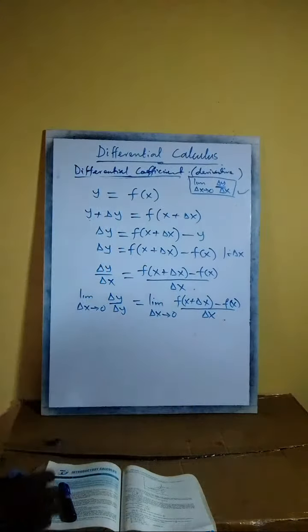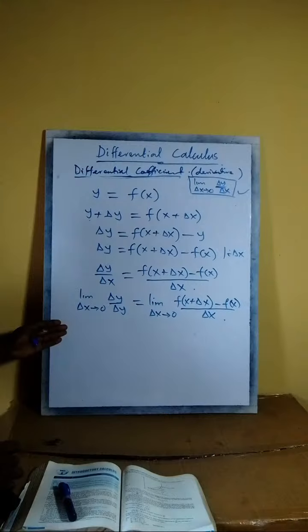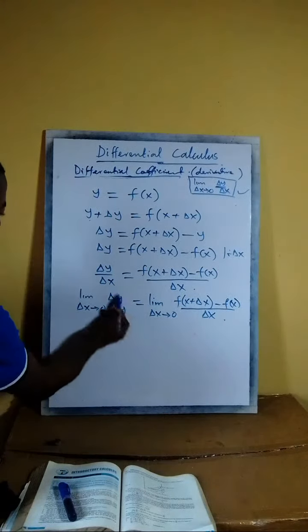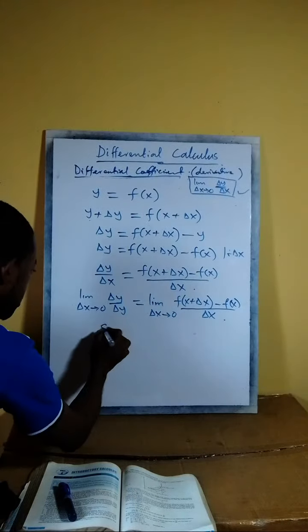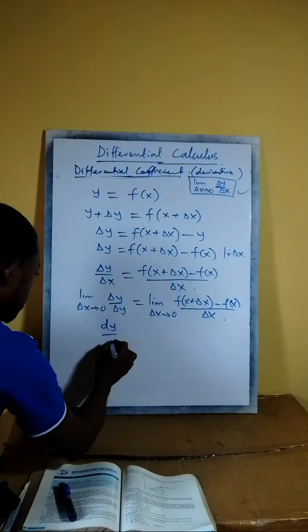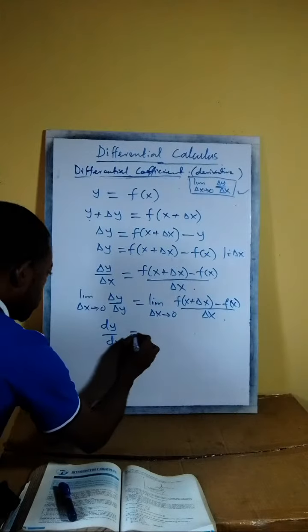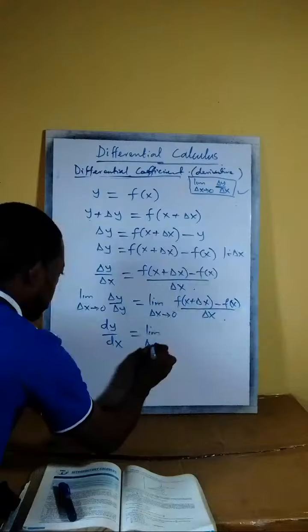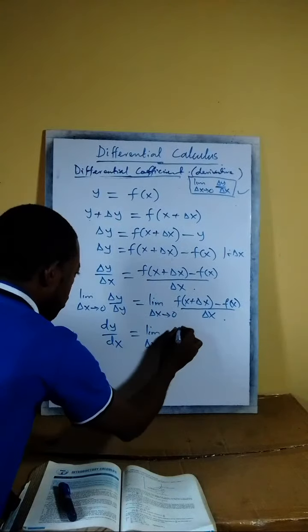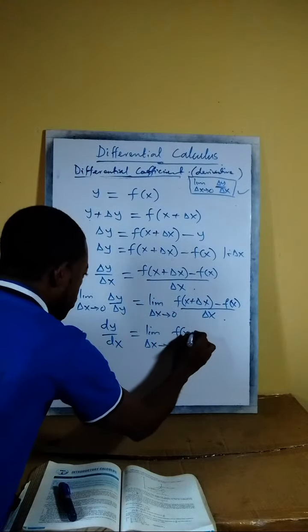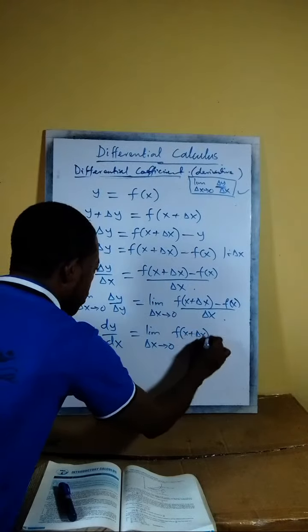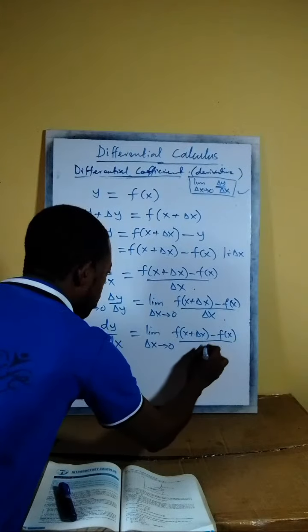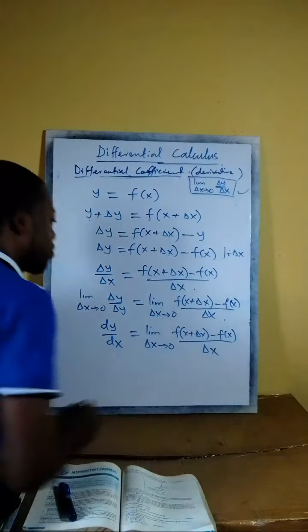Which implies that here we already have the differential coefficient of a function on this side. So this is also known as dy/dx, which is equal to the limit as delta x tends to 0 of f of x plus delta x minus f of x, then over delta x.